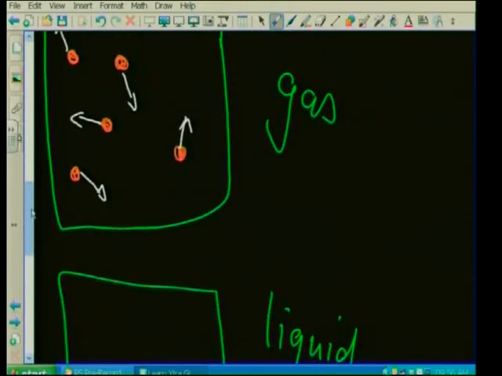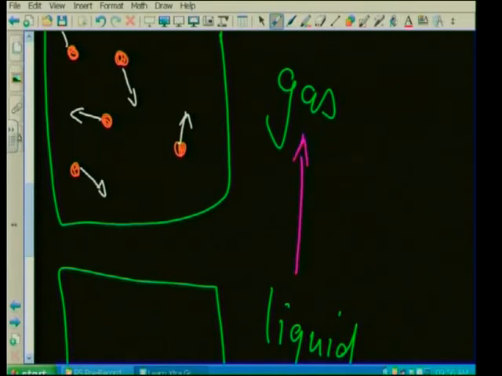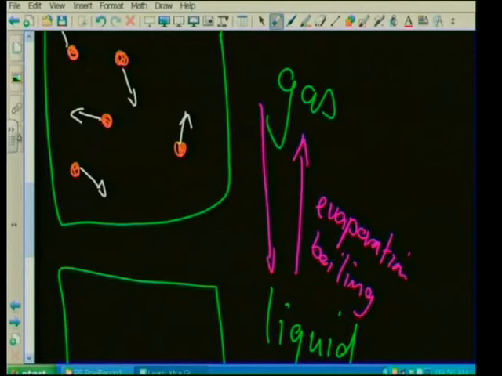And if we change from a liquid to a gas, there are 2 processes. The one is evaporation, which can happen at any temperature, but then there is boiling. When the liquid can no longer exist, we say that process is boiling. The process of going back to a liquid is condensation.